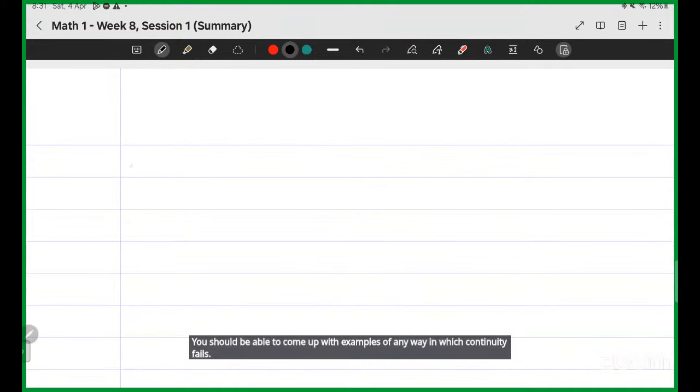Now I'll list down some properties of limits, things you probably already know and you already use. Suppose I have f and g from a certain domain. I'll not write down all the details.